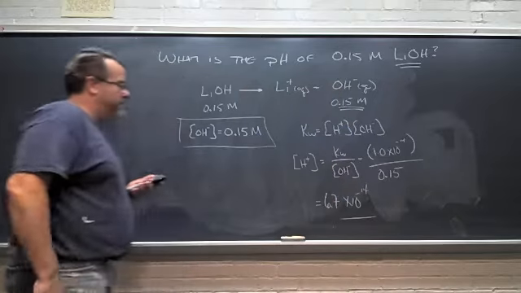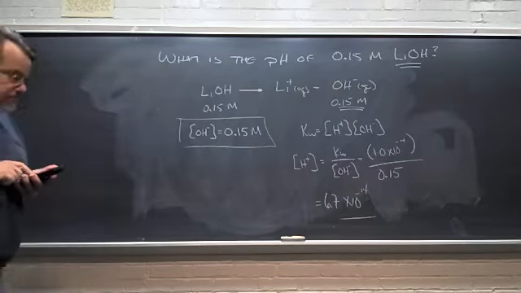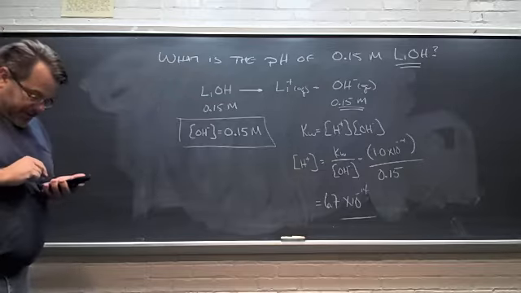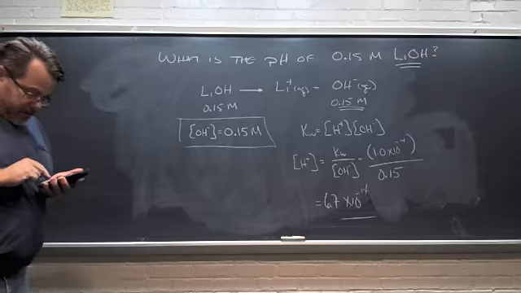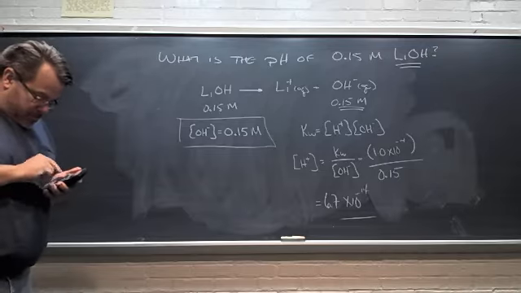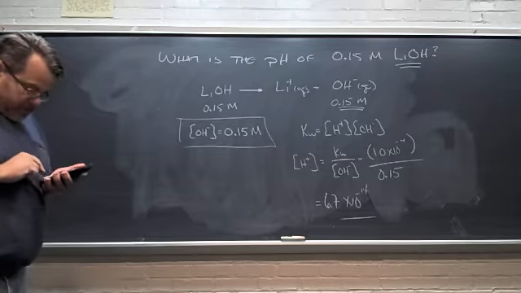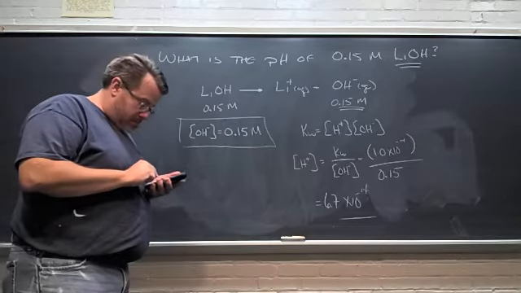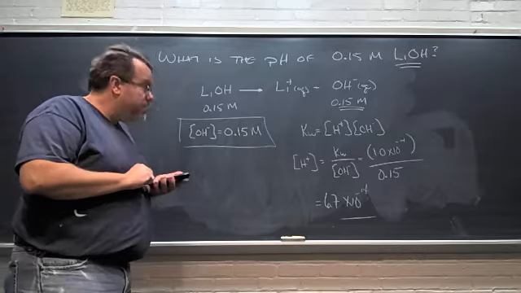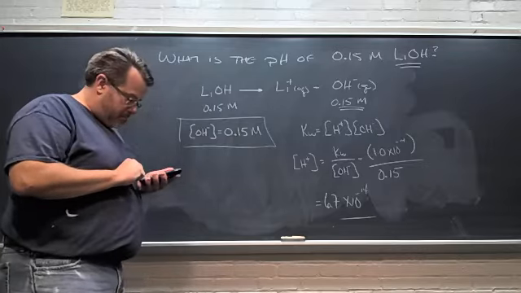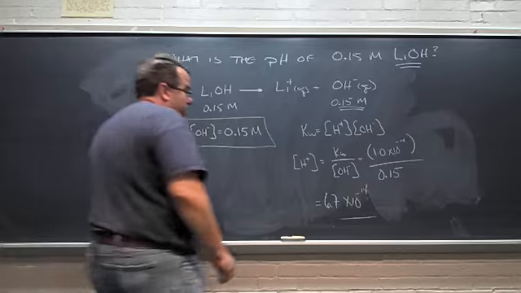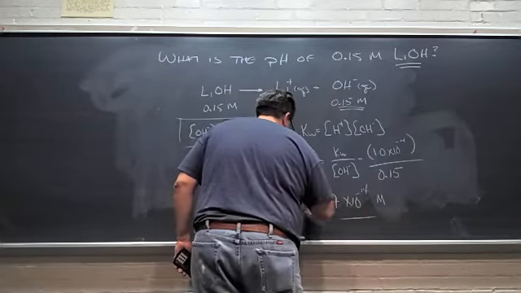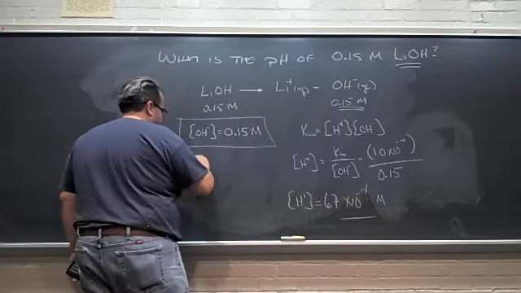I got 6.7 times 10 to the minus 14. Just a second, I want to double check that because I was typing in the calculator and running my mouth at the same time. I want to make sure I didn't screw that up. Okay, yeah, that's right. All right, so this is our hydrogen ion concentration.